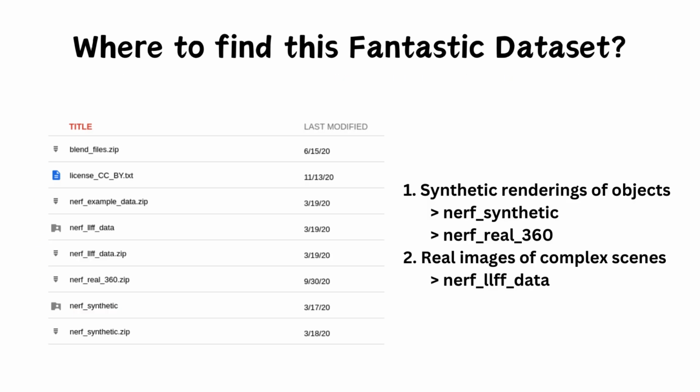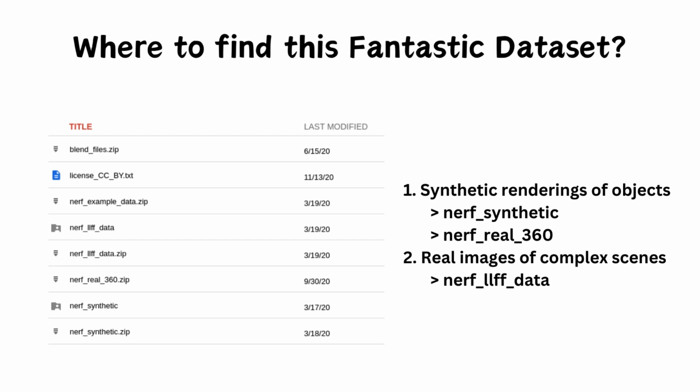Authors of this work have given access to a fantastic NeRF dataset, which is further classified into synthetic renderings of objects and real images of complex scenes. Under synthetic renderings of objects, you can find two different categories, that is synthetic and real 360 dataset.